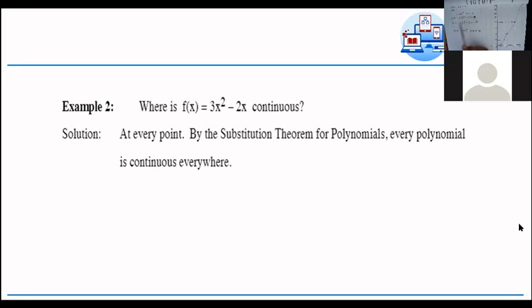As x approaches 2, 2 squared is 4 times 3 is 12, 12 minus 2 times 2 is 4. The answer is 8. As x approaches 3, 3 squared is 9 times 3 is 27, minus 6, the answer is 19. As x approaches 4, 4 squared is 16, by 3 is 48, minus 2 by 4 is 8, we have 40.